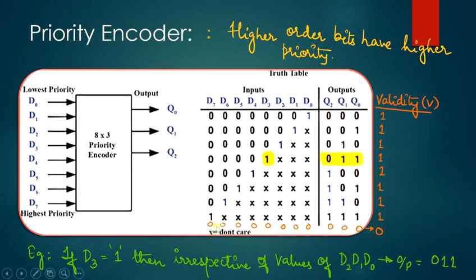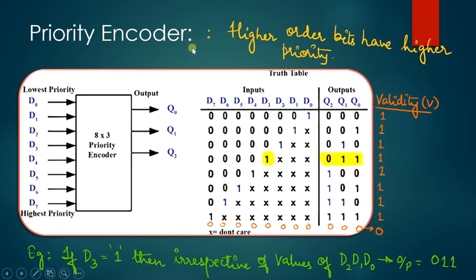One problem we have already solved by having a validity indicator. Another problem that we had was that when more than one input is equal to logic 1, an error occurs. That problem is solved because we have represented it in terms of priority. So if D3 is equal to 1, irrespective of the lower order bits D2, D1 and D0, output will be 0, 1, 1.